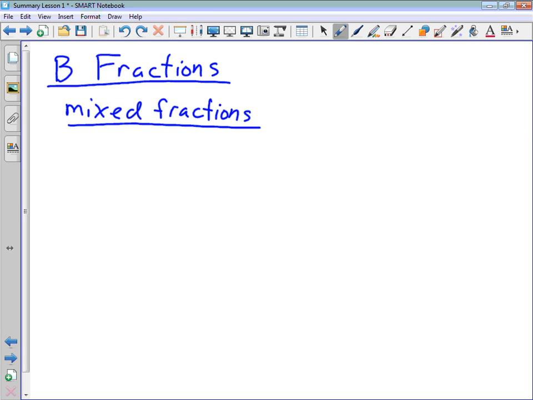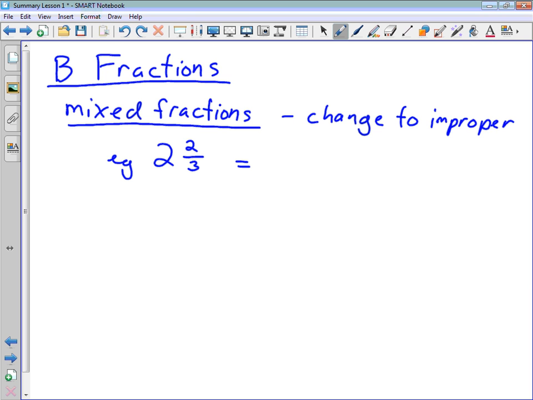And then what was the rule with mixed fractions? Always change to an improper fraction before we do anything. And then an example of how to do this. So if I've got 2 and 2/3, I keep the 3 down there, and what goes up here?